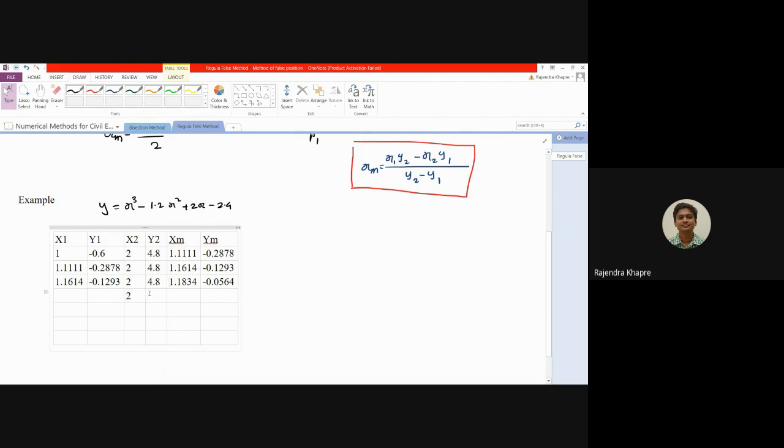So I'm once again keeping this value constant, 1.1834, and this value as negative 0.0564.